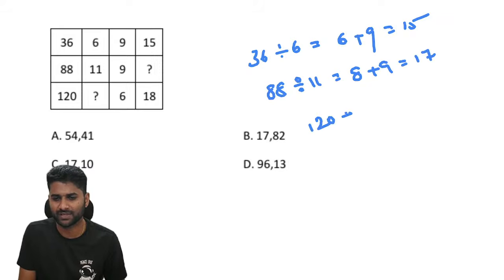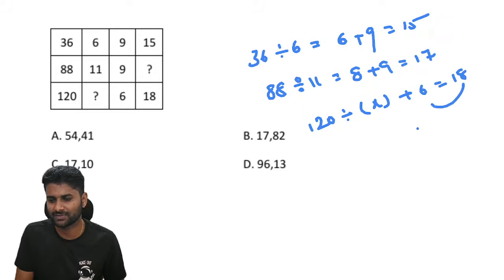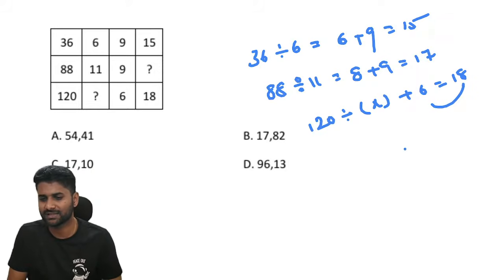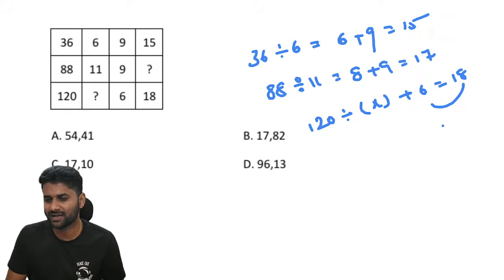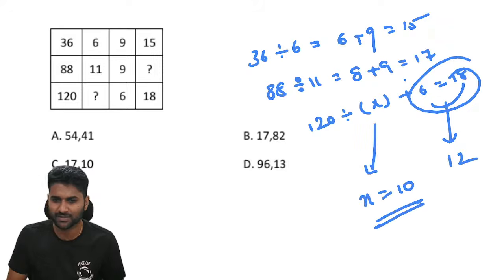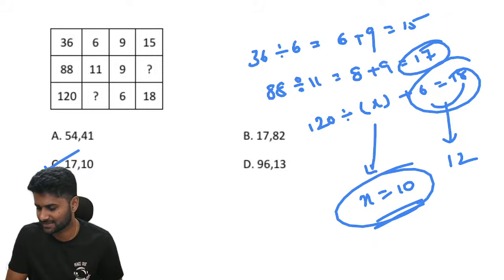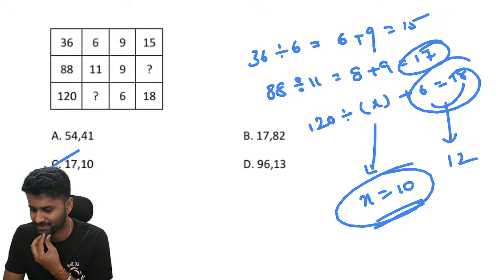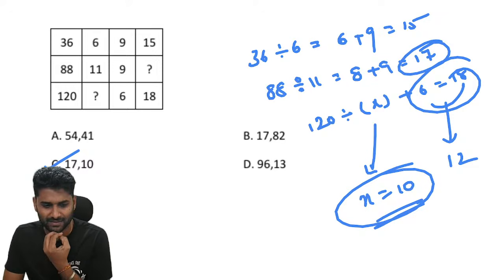So 120 is divided by which number, to add 6, so that the resultant becomes 18? So if 6 goes to the other side, now 120 divided by 6 is equal to 20. So definitely x should be replaced with 10. So here the numbers 17 and 10 are the correct answer. Very good.